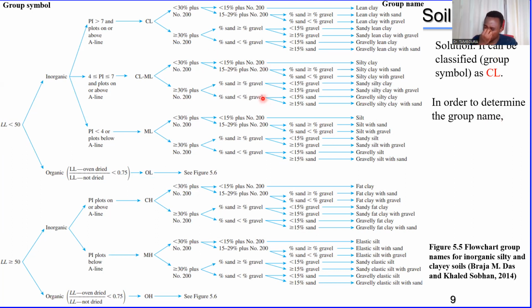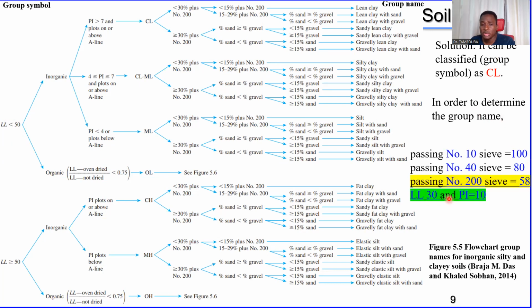Last time I said there is nothing to explain about this. You just have to follow the arrows. So CL is this, as you can see, which is when the liquid limit is less than 50, which is our case because our liquid limit is 30. By following these arrows, we can find out what the group name is. It should be one of these because we are here.